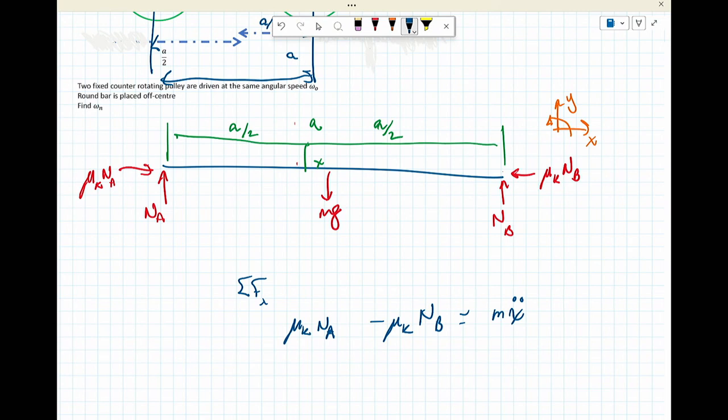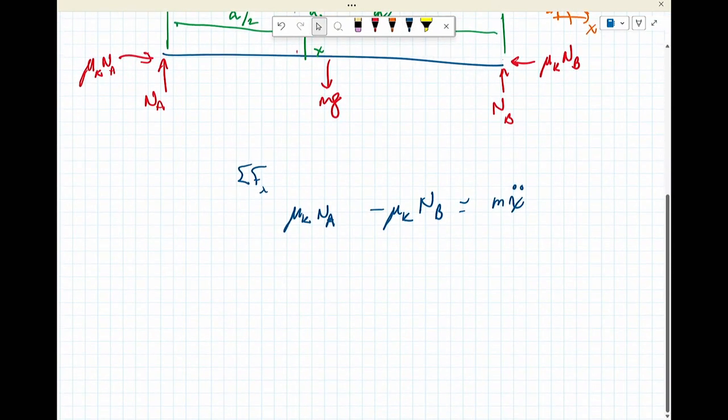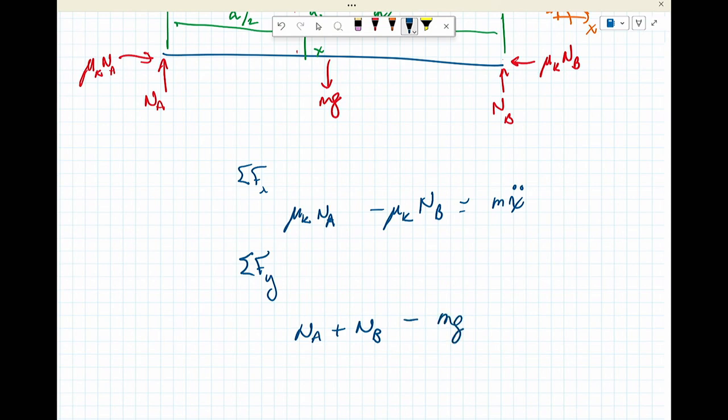I know that there are friction forces acting on both, and they're acting in the opposite sense because of the rotation. Sum of forces in y: NA plus NB minus mg is equal to 0. And again, despite the fact that reality would be that this thing would be bouncing and shaking, it's just shaking left to right. It's not moving up or down.